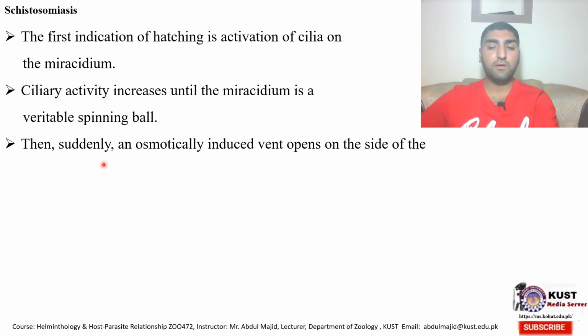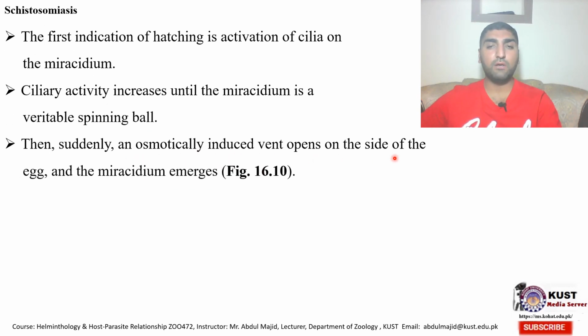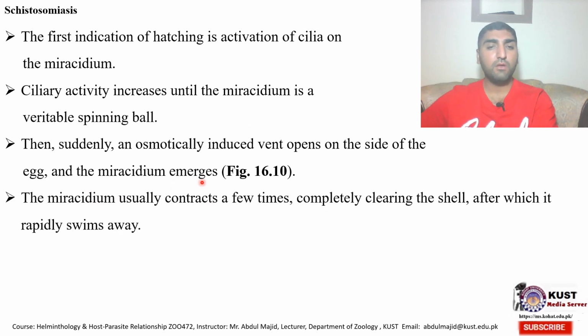Then suddenly an osmotically induced vent opens on the outside of the egg and the miracidium emerges. I will show you the figure in the next slide, 16.10. So the osmotically induced vent of the egg will suddenly open on one side of the egg, and the miracidium will come out of this egg.